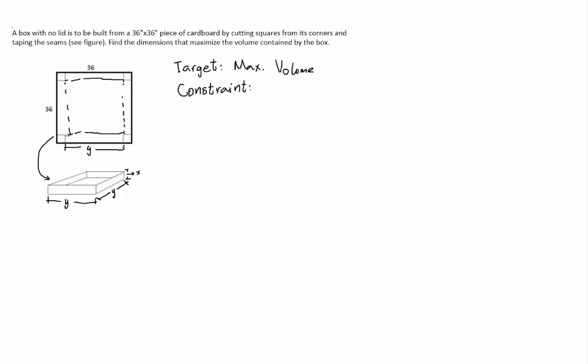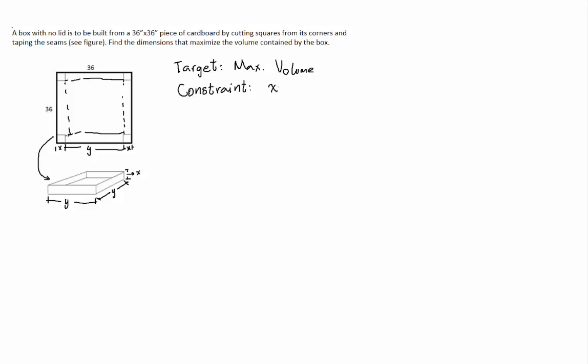Let's identify where x is in our picture. Well, x is the size, man, I can barely fit it. It's going to be the size of the cutout. That's going to be x. So the constraint is given by, you can read it off of this picture because you have that x plus y plus x must be equal to the side of the cardboard piece, which is 36.